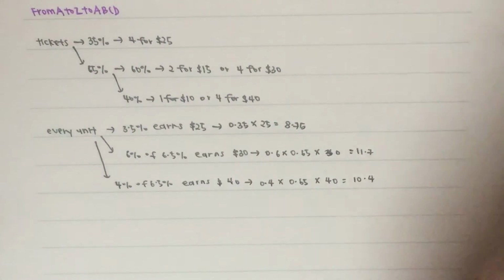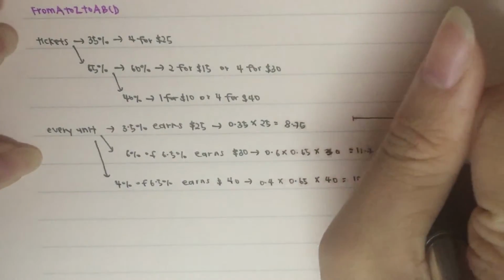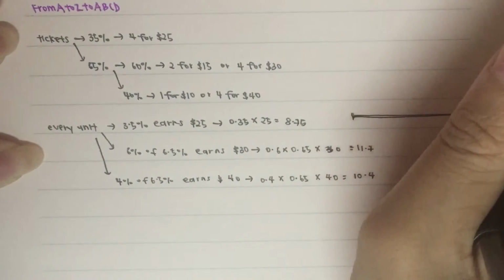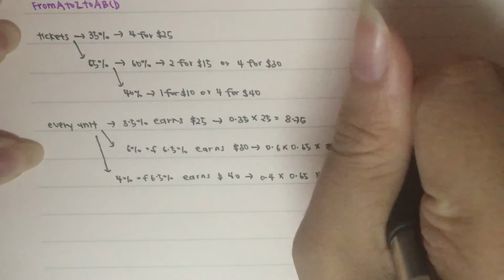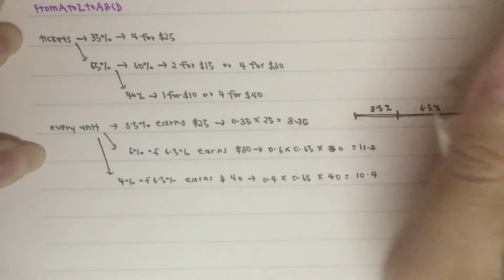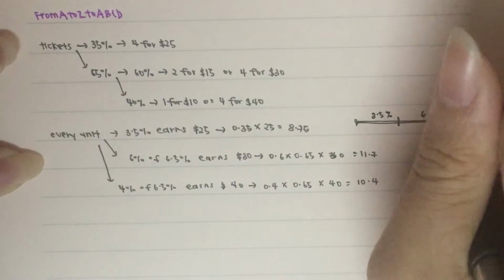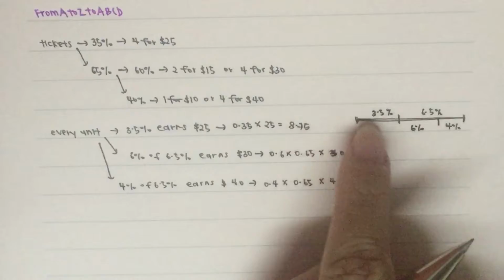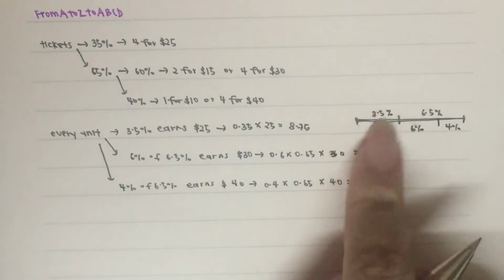Okay, so basically, drawing a similar diagram as what we have done in the previous episode. There's this 35% and there's this 65%. Meaning this 65% is then divided into the 40% and 60%. Therefore, for the 35%, we'll be earning $25 for 4 tickets.